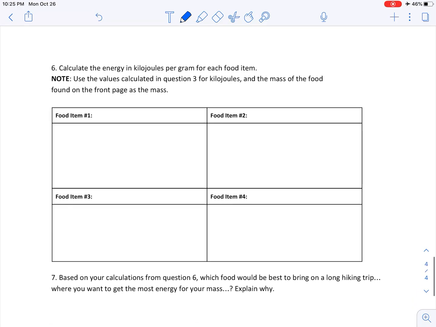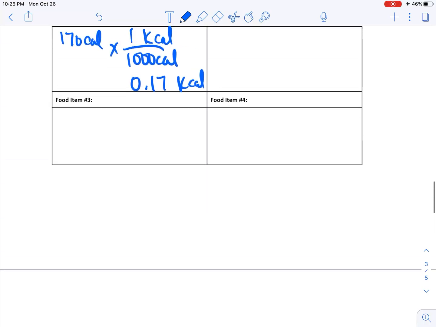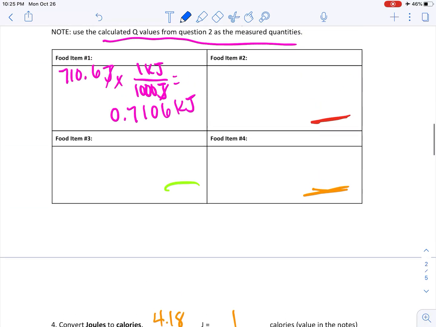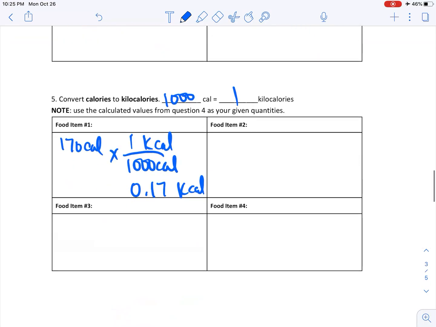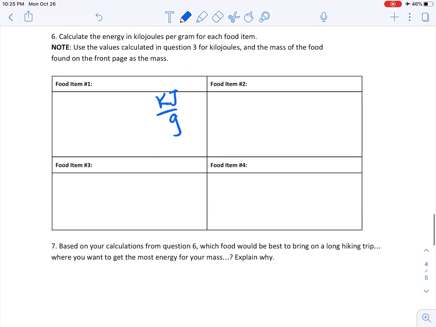Calculate energy in kilojoules per gram for each food item. Okay, so now we finally get to use the mass from the front page for each of those individual food items. So food item number 1. So we're going to use kilojoules per gram. So kilojoules was 0.7106 kilojoules.